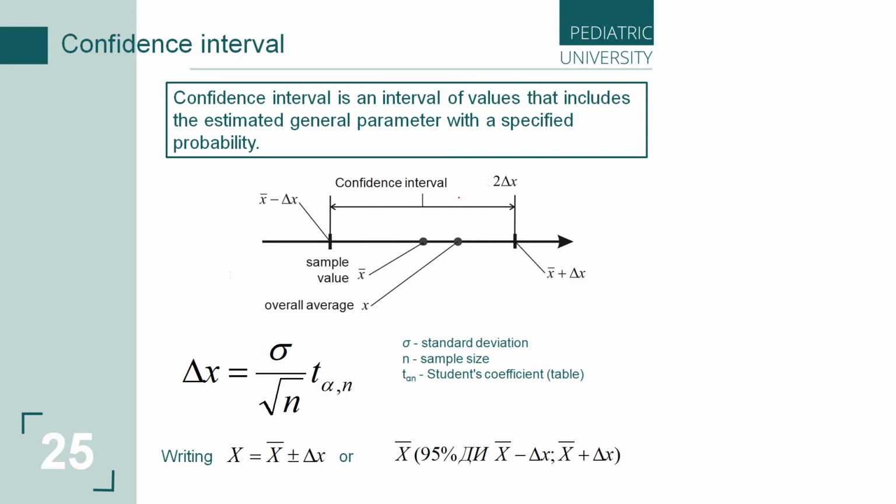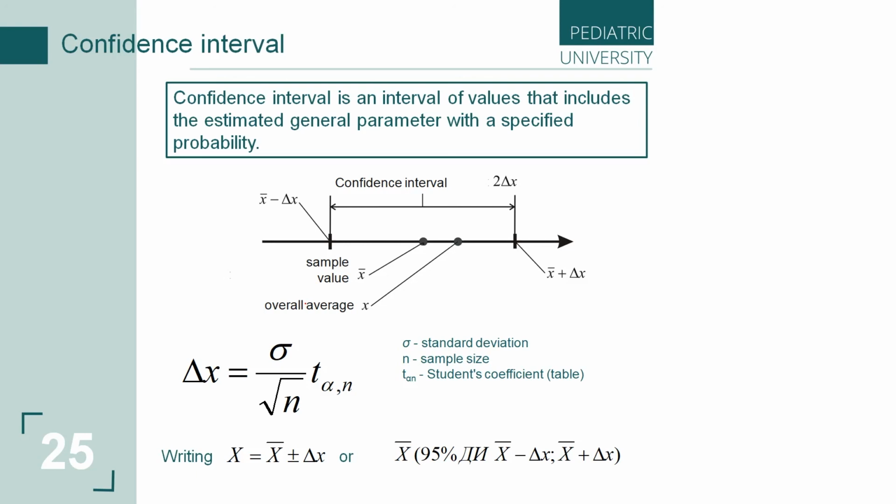We have calculated a sample mean value, x with a dash, for example, and we want to generalize the result to the entire population. The confidence interval allows us to answer the question of how likely the mean value of the general population will lie within that interval.